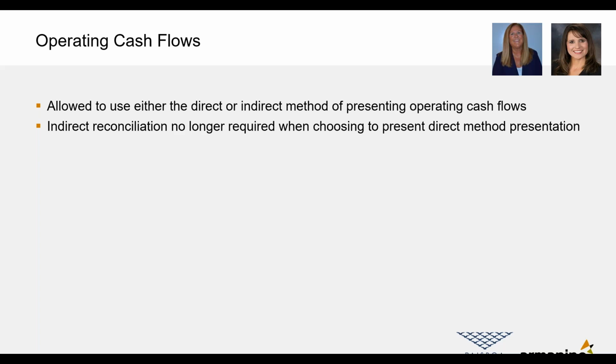So for right now, there was a lot of conversation about whether we would have to change the cash flow or not. We do not. All they've changed is that you're now allowed to use either the direct or indirect method. And if you choose the direct method, there's no longer a reconciliation to the indirect method required.